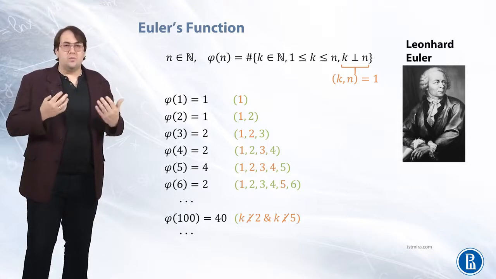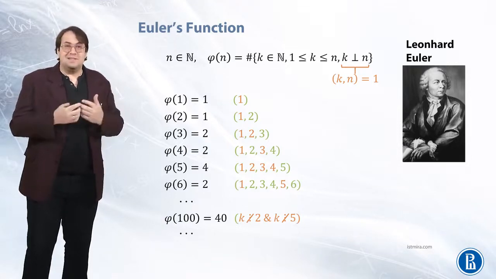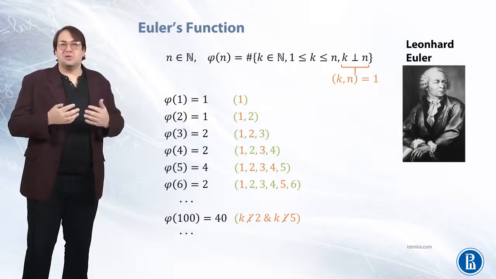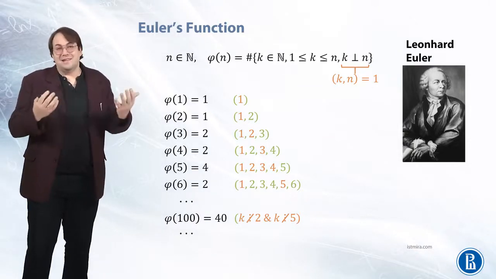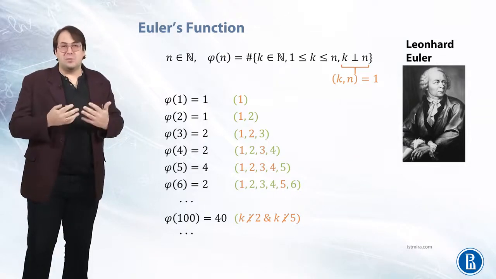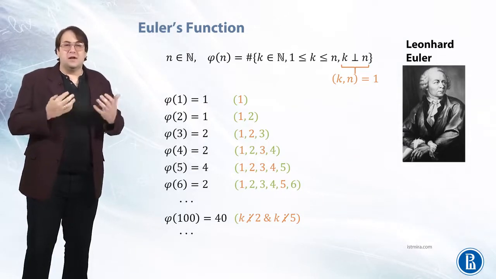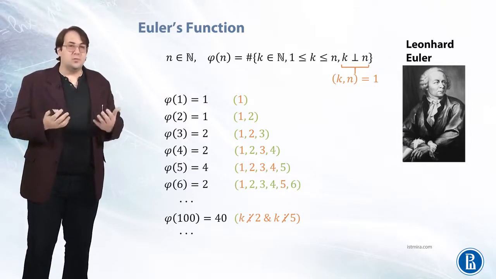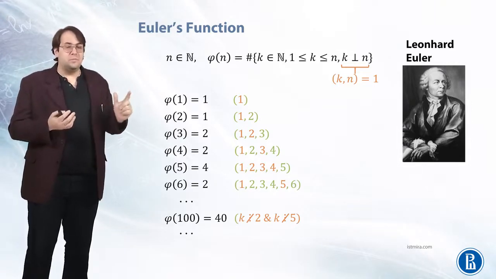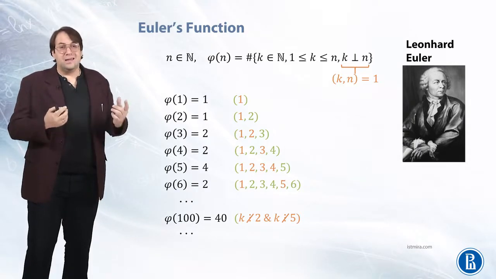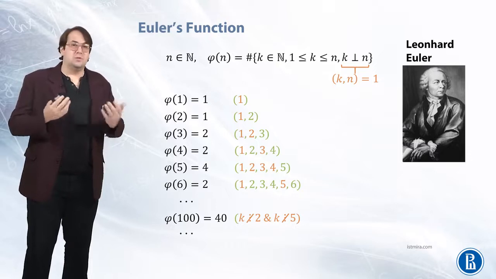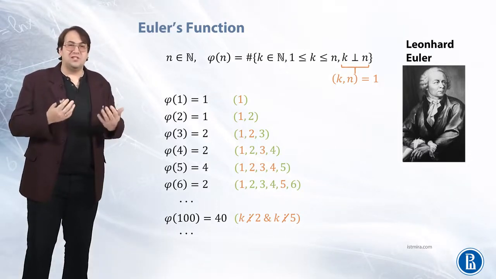So phi of 1 is equal to 1, since there is only one positive integer not greater than 1, and it turns out that it is co-prime with 1. Phi of 2 is also equal to 1, because there are only two positive integers, 1 and 2, and 2 and 2, of course, are not mutually prime, so we have only one positive integer that is mutually prime with 2.